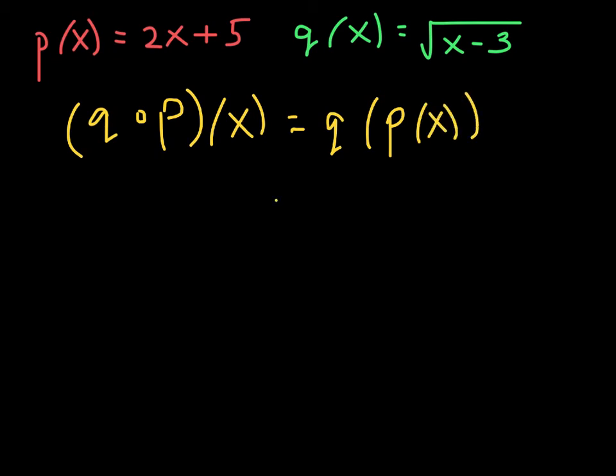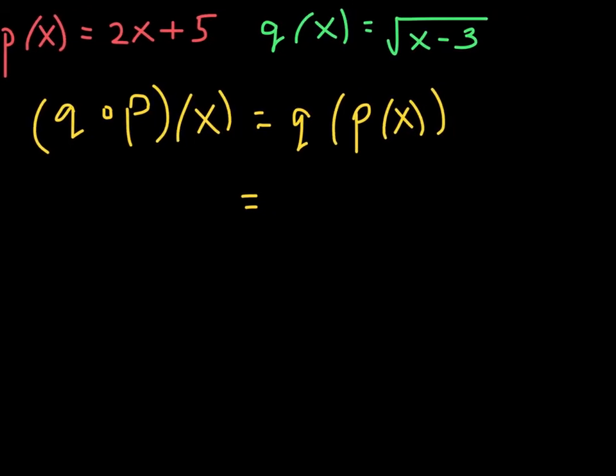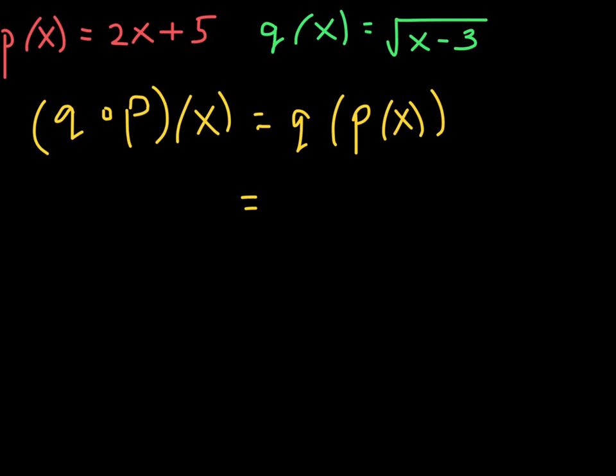All right, so this is equal to, what we want to do here is, let's see, we got q of, now p of x is the linear function 2x plus 5, all right? So really, this notation is suggesting for us to input 2x plus 5 into function q.